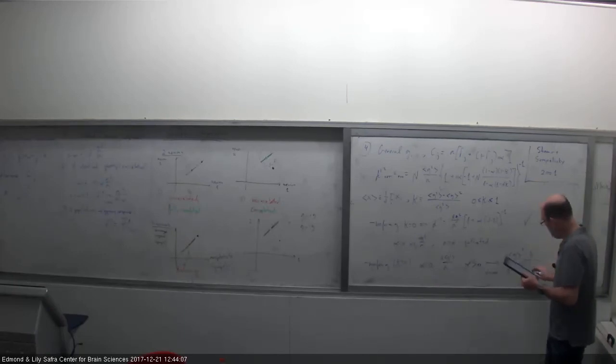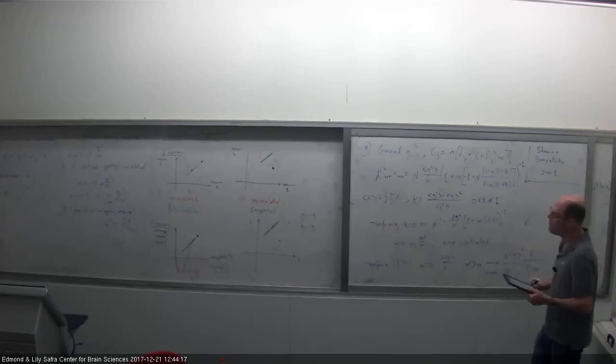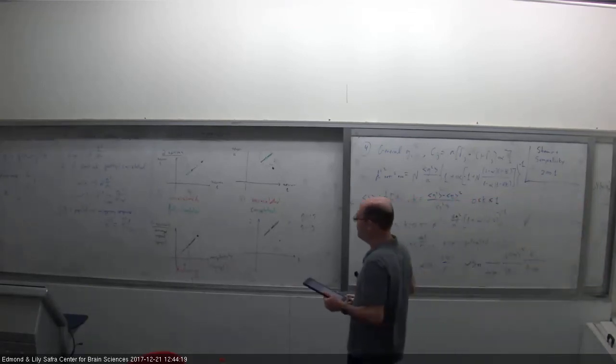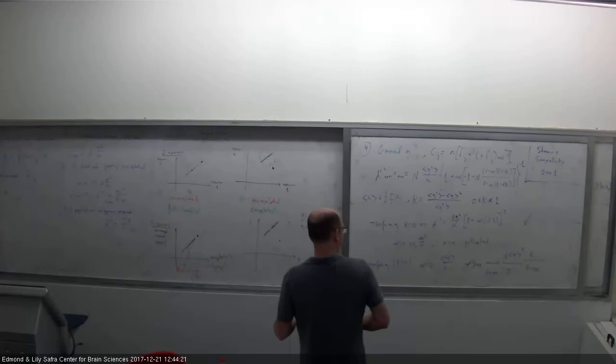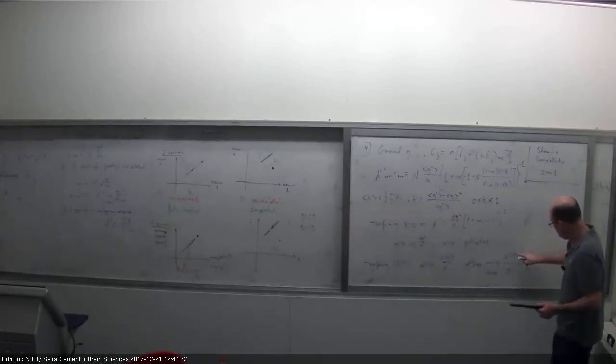Times kappa times 1 minus alpha. No, this doesn't make any sense to me. Maybe it's okay. I'm not sure about this, if the square should be here or here.